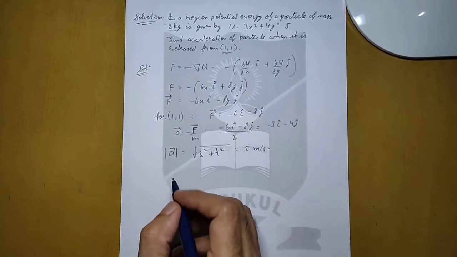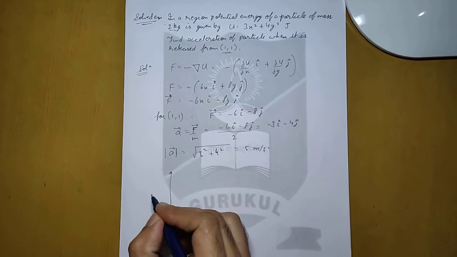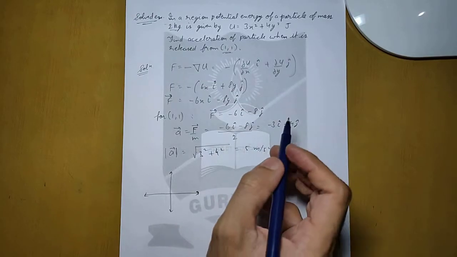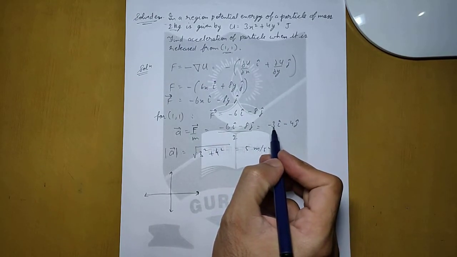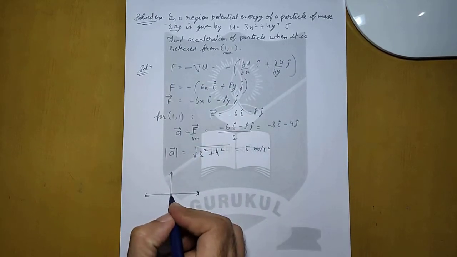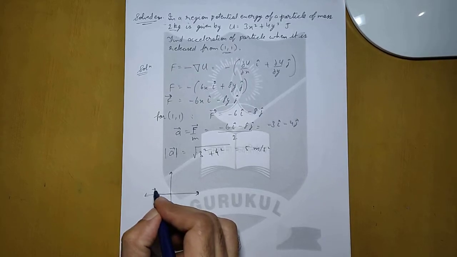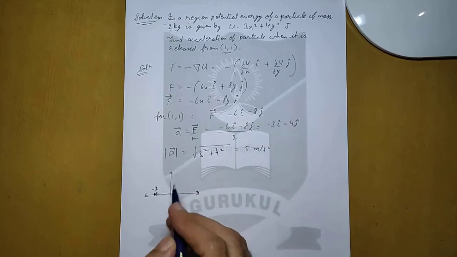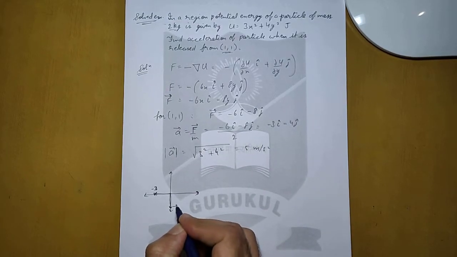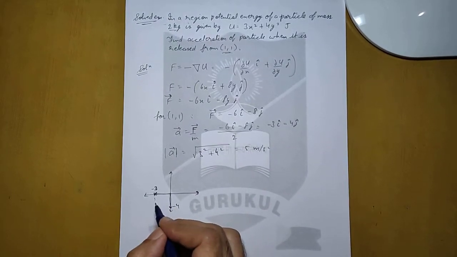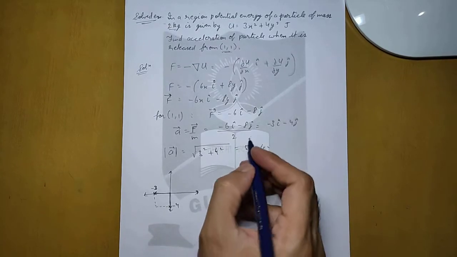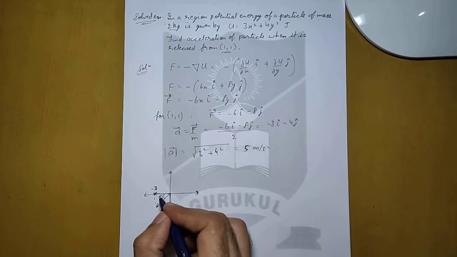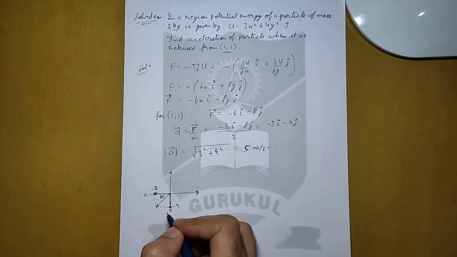Now if we draw the coordinate system, the graph, then the x component of acceleration is at minus 3, let us say here, and the y component is in the minus 4 direction, let us say here. The resultant, this 5 meter per second square, will be in this direction. Let us say it is making an angle theta with the horizontal.